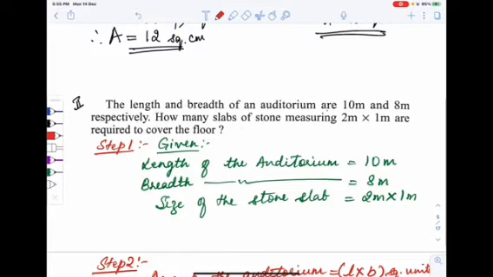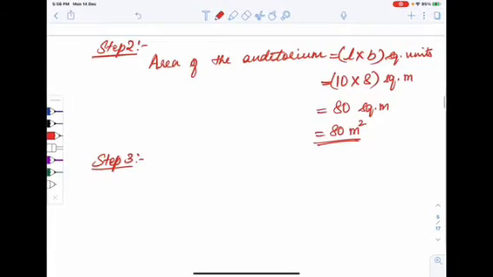So the stone slabs are of 2 meters by 1 meter. First we have found the area of the auditorium, which is 80 meters square. Then we need to find the area of the stone slab. Then we have to find out how many stone slabs have to be laid onto the auditorium floor to cover the whole floor.